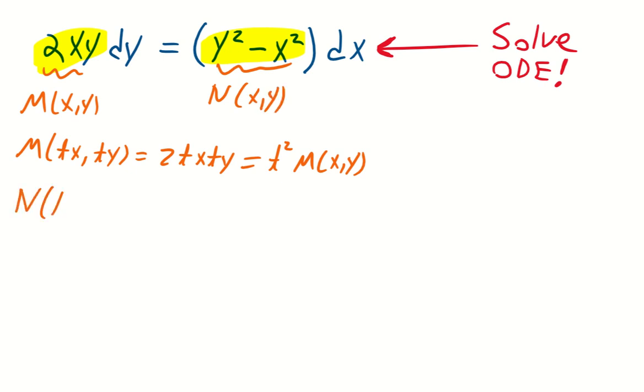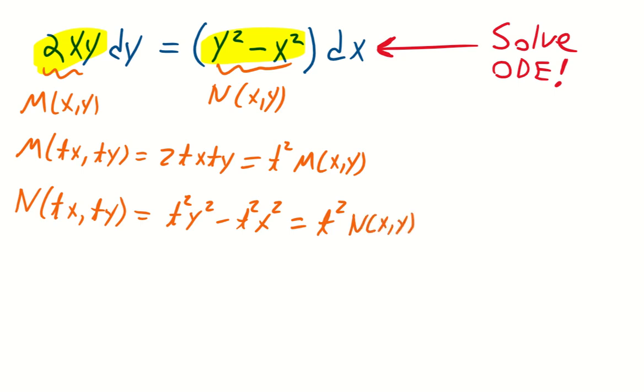If we plug in tx, ty, we get t squared times y squared minus t squared times x squared. We can factor out that t squared, and that t squared is just multiplied by the quantity y squared minus x squared, and that's just our original function, N of x, y. Thus, we really do have a homogeneous equation, and it is degree 2.